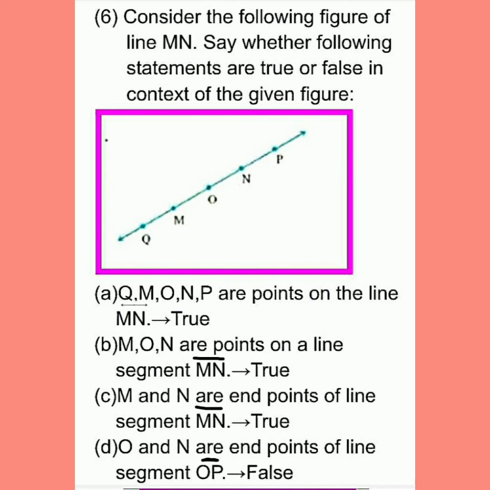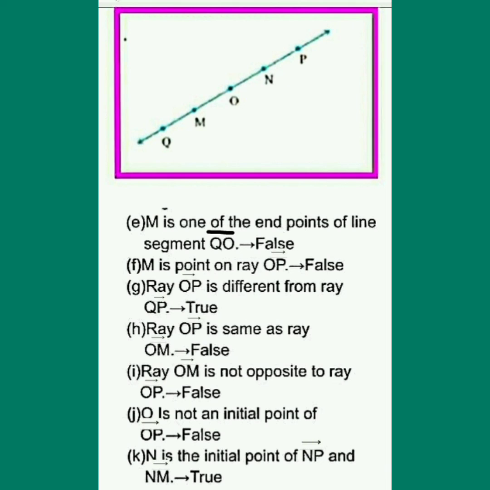O and N are endpoints of line segment OP. It is a false statement. M is one of the endpoints of line segment QO. No, it is false. M is a point on ray OP. This is also false. Ray OP is different from ray QP. Yes, it is true. Initial points are different.